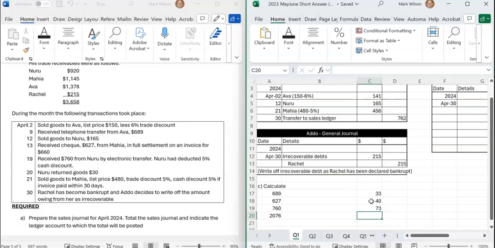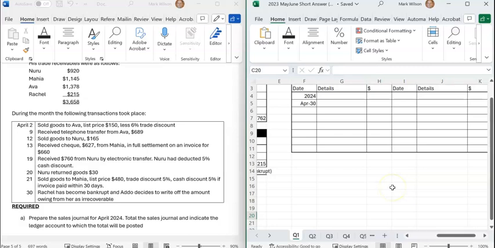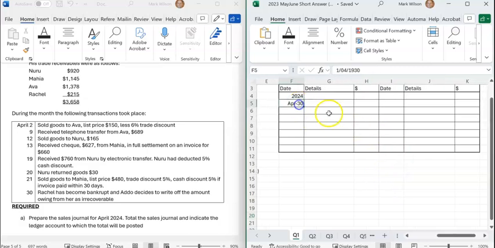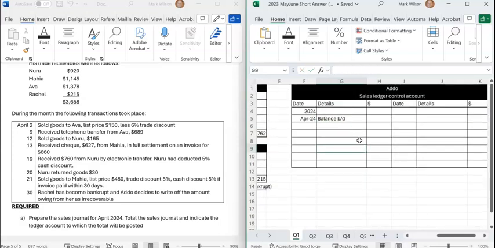Over the page, and we have to prepare a sales control ledger. All right, sales control ledger, this one here. We'll change the date there to the 1st of April, because there's an opening balance. Note that the balance for a sales control ledger is on the debit side.